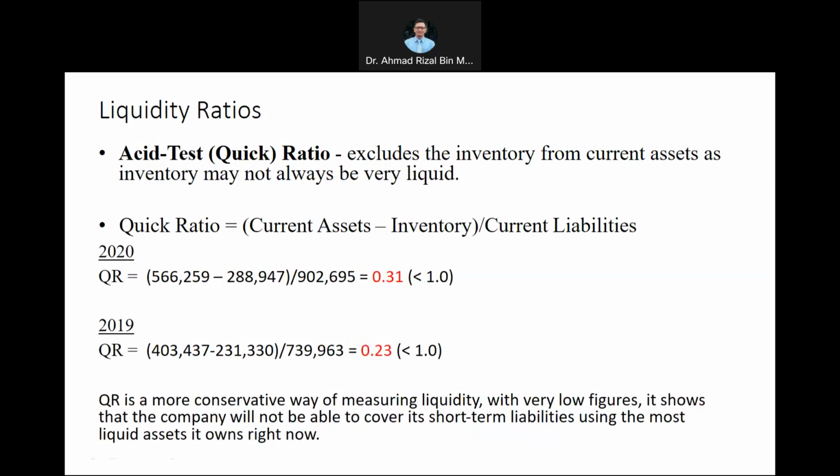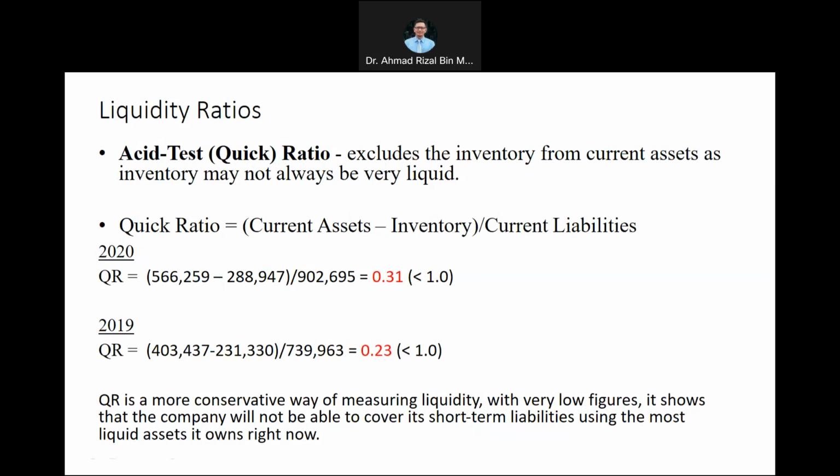Okay? So you take out inventory because inventory is the least liquid current asset. Right, so you take out inventory. So what is left are cash and bank balances, accounts receivables, right? So you only have the most liquid current assets.